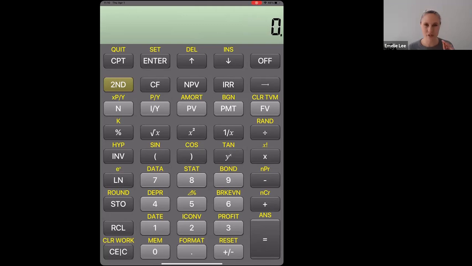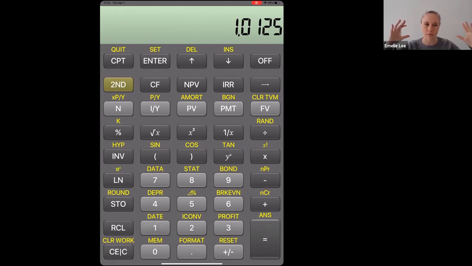So just for completeness, I'm going to start by calculating I1. So 0.05 divided by 4. And then I can add 1. And then I have to raise it to the power of 4 over 12, making sure 4 over 12 all is in the power.